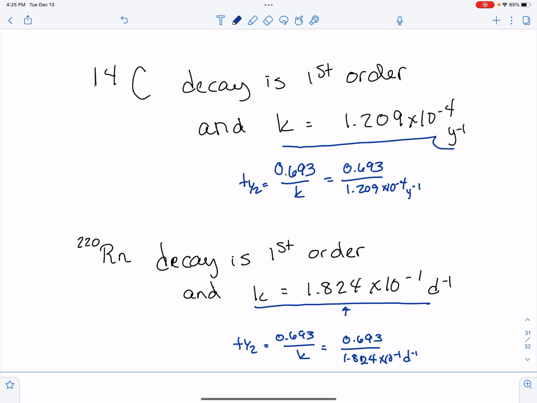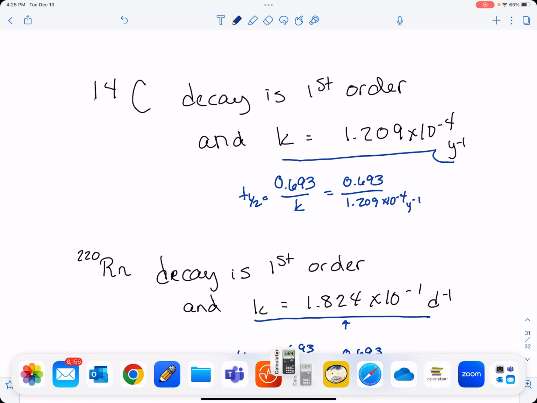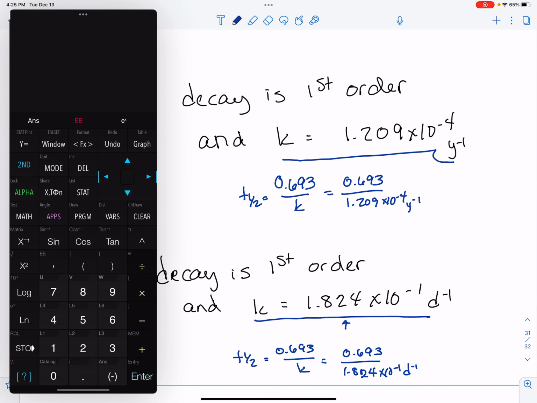Again, really weird units. So if I take my calculator and actually do the math on this, let's see if this suddenly makes sense. 0.693 divided by 1.209 e to the negative fourth.